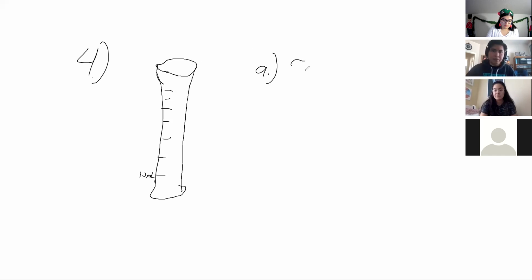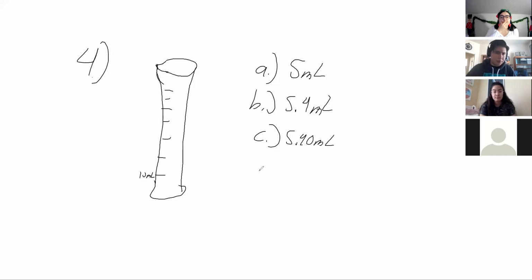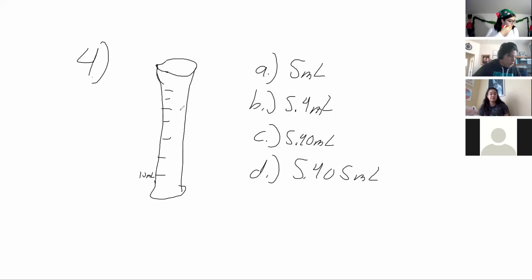So we have 5 milliliters, 5.4 milliliters, 5.40 milliliters, and then 5.405 milliliters. It's asking which of these measurements would be more accurate if you were to read a liquid that was roughly around here, given these numbers.